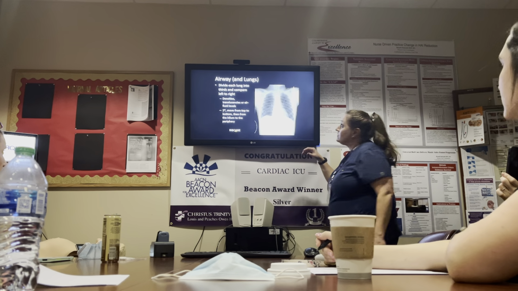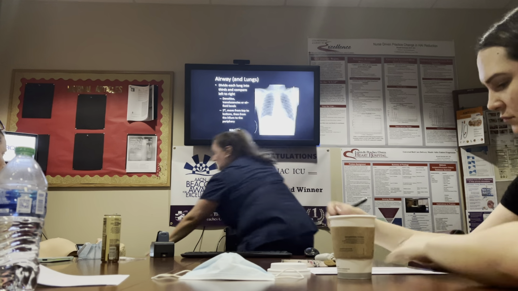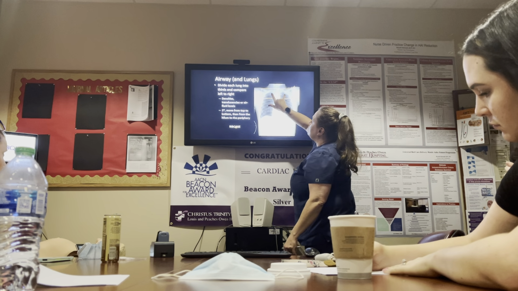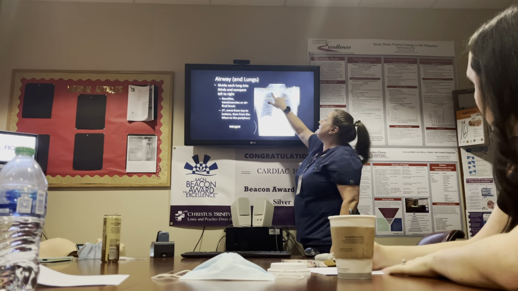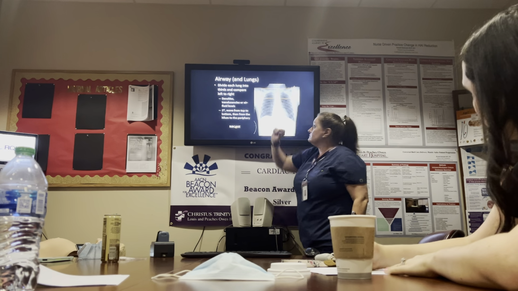I also like to say divide it into different sections. So when you're looking at it, look at here. Are these equal? Do these look okay? Is there something on one side that's not on the other?